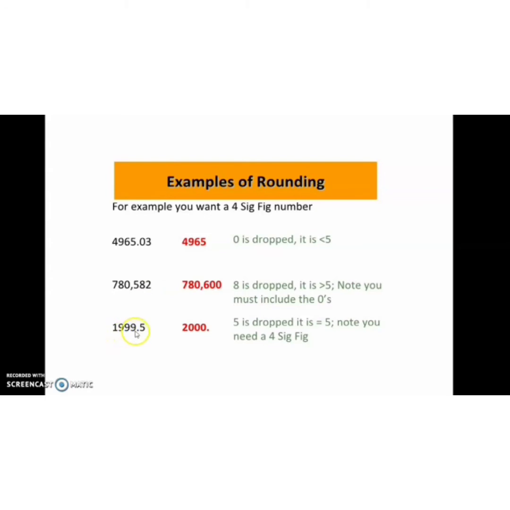And if it is like this, equal to 5, when the digit after is equal to 5, what we need to do is drop this 5 and just add as 2000.